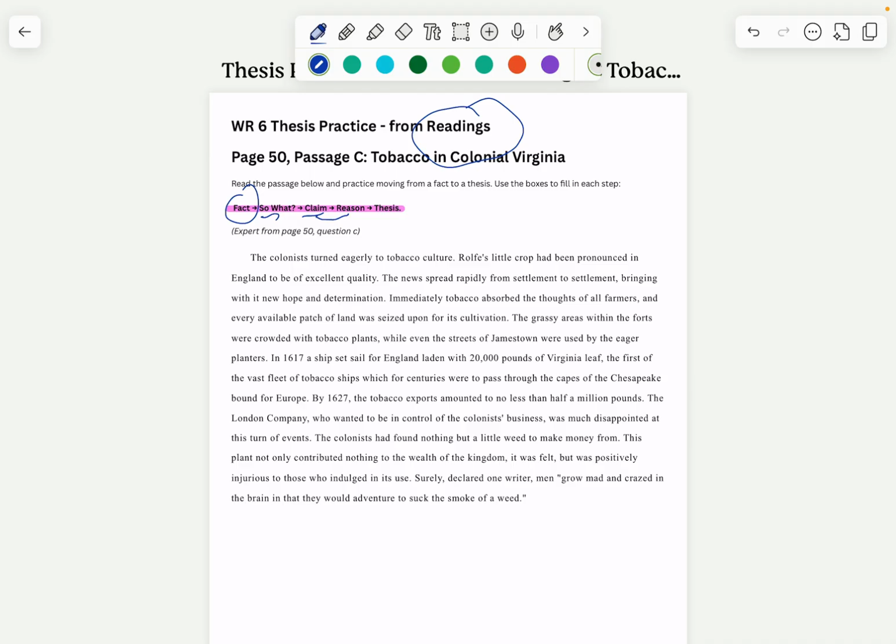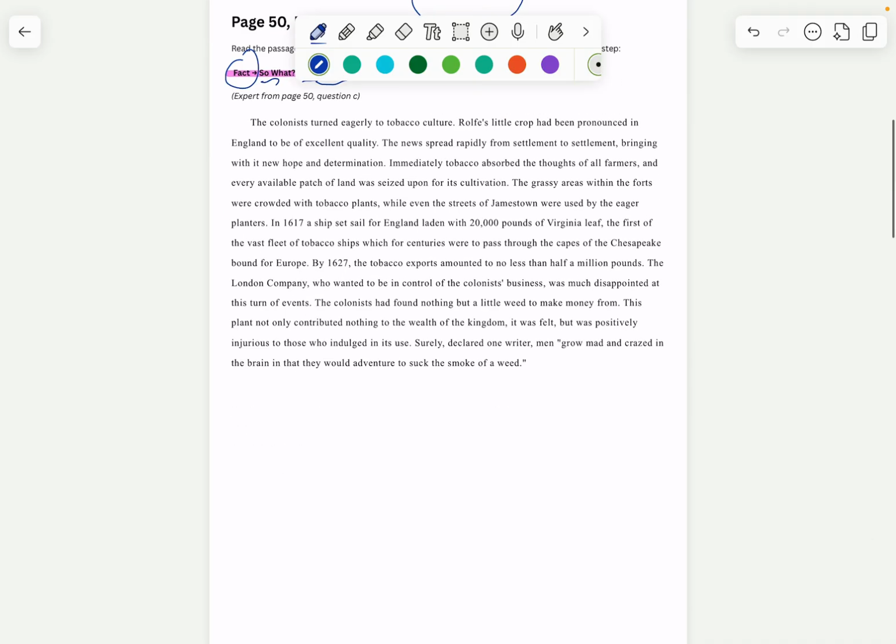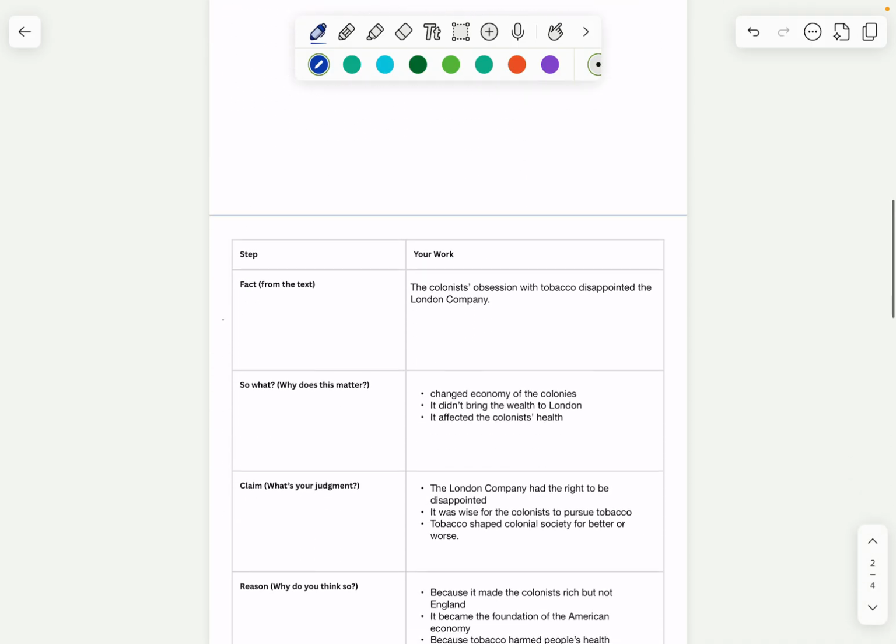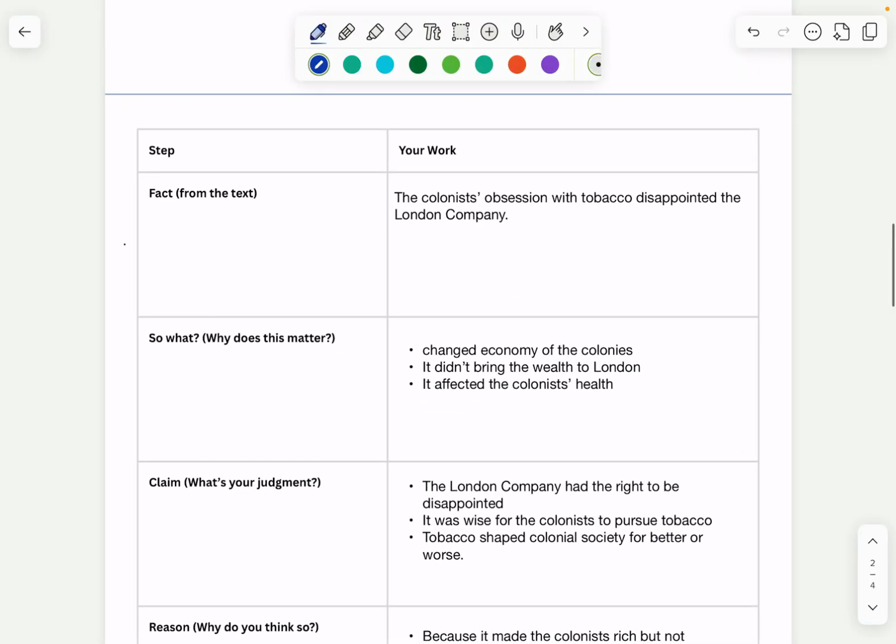And also it touches on the health of the men and women in the colonies, and how tobacco influenced that, okay?